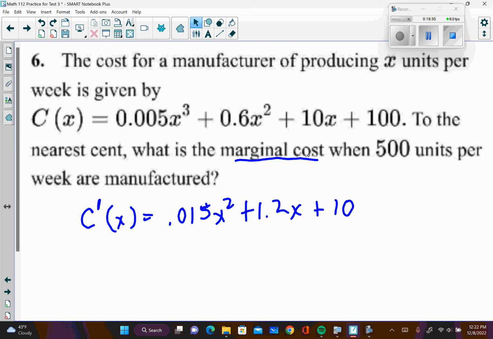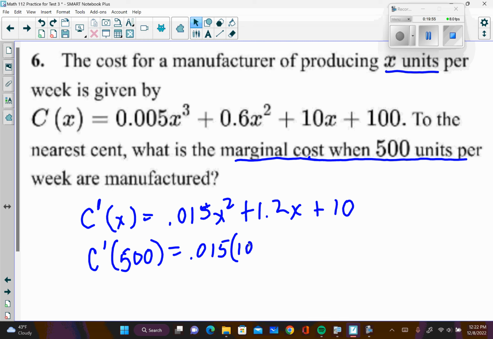So to find the marginal cost when 500 units are produced, we find C prime when x is 500. X is the number of units. It'll be 0.015 times 100 squared plus 1.2. I mean, this is 500, sorry. Plus 1.2 times 500 plus 10.